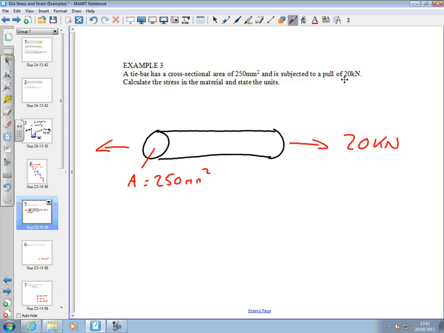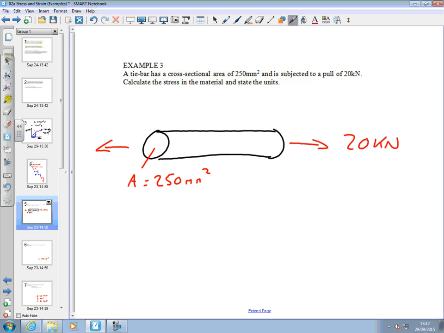My final stress will be in kilonewtons per square millimeter. And that's fine. If the problem required the stress to be in newtons per square meter, because I want to calculate Young's modulus, for example, then I would be thinking about converting that to square meters before I went any further. But at the moment, it's fine as it is.